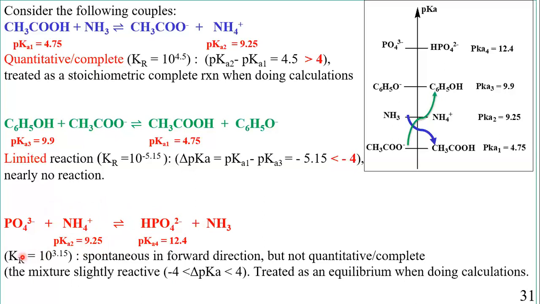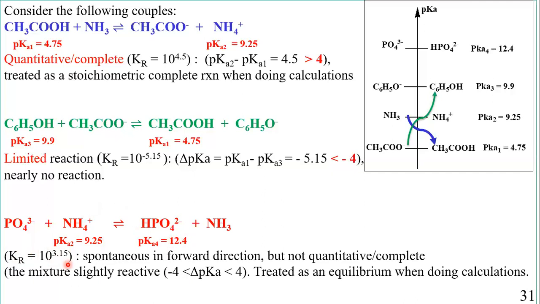Of course, let's get a K reaction for this reaction. It's 10 to the change in pKa, which is 12.4 minus 9.25, which happens to be 3.15. So my K reaction is 10 to the 3.15. Of course, this is spontaneous in the forward direction, but it is not quantitative, okay? It's not quantitative nor complete.